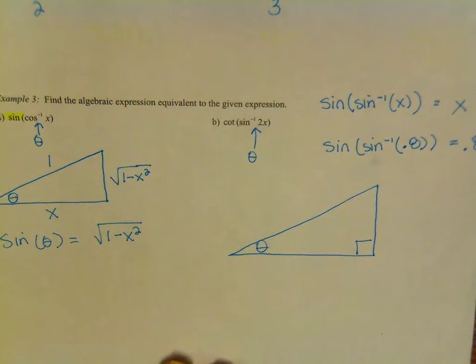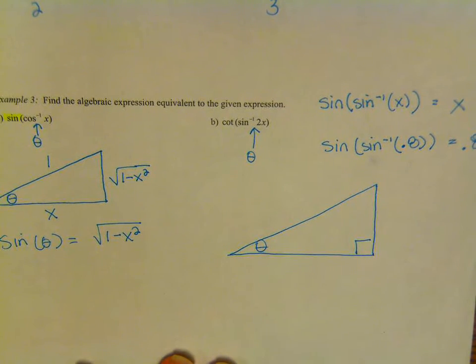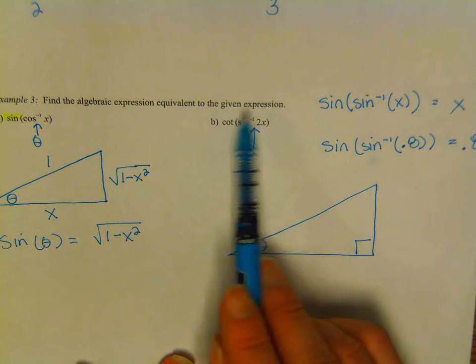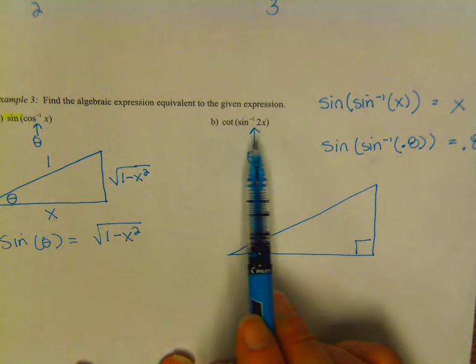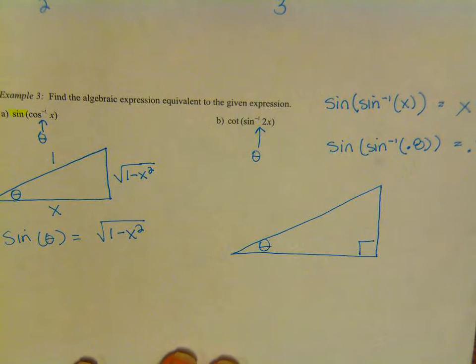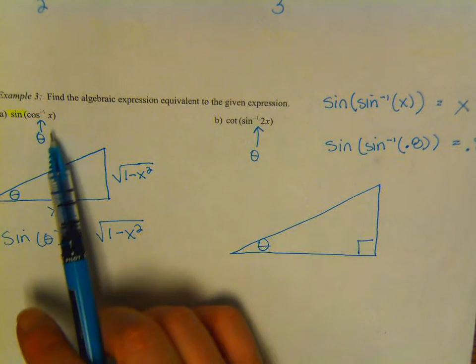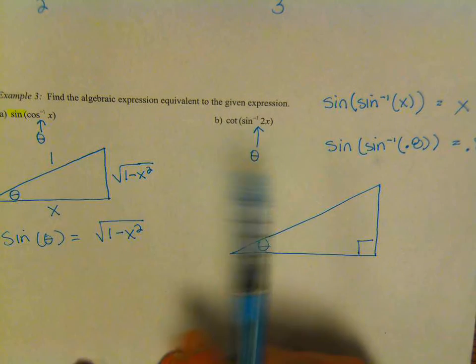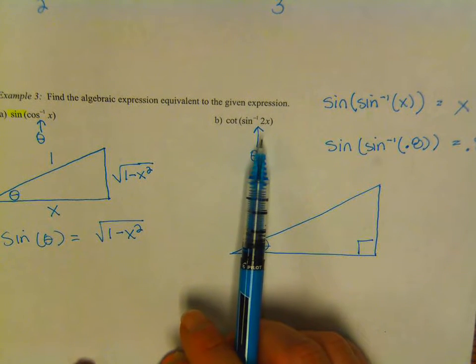In order for this statement to be true in this triangle, what does this mean? That the sine should be what? Is it x anymore? It's 2x, isn't it? Okay.